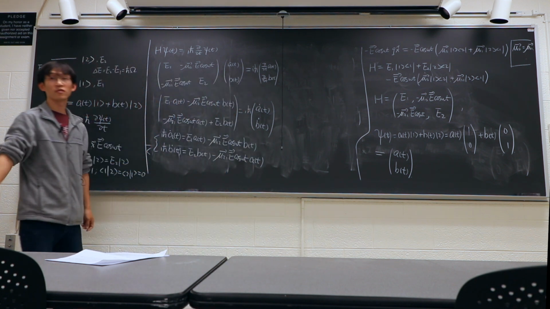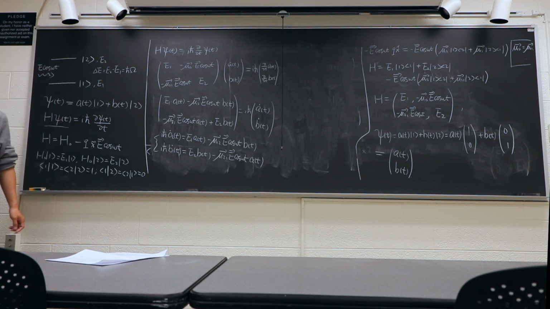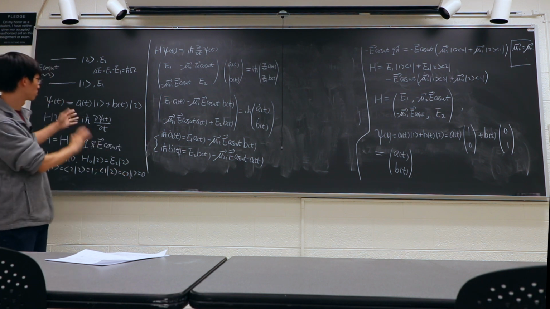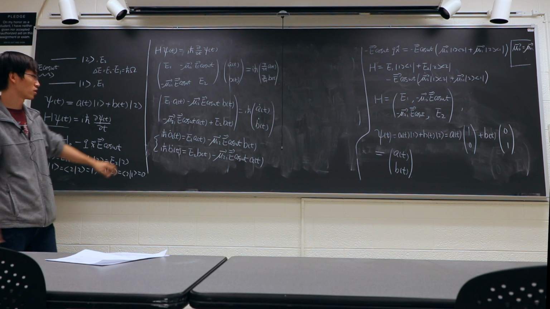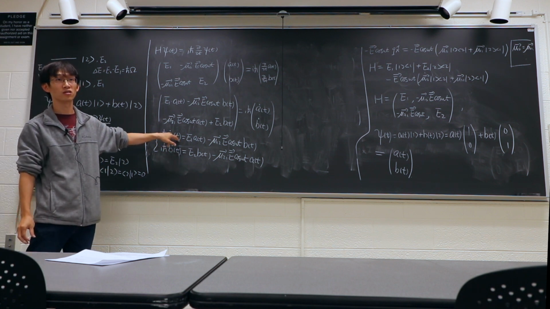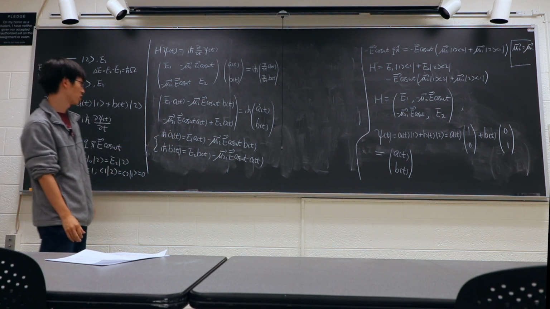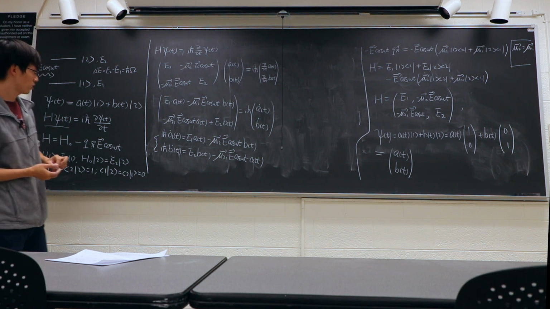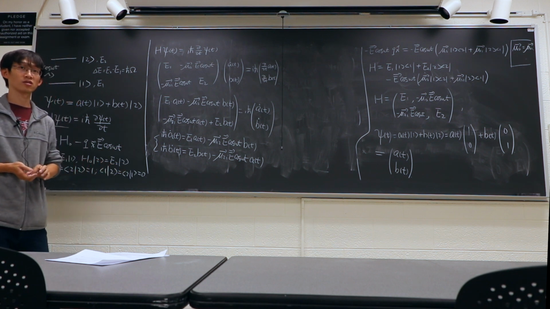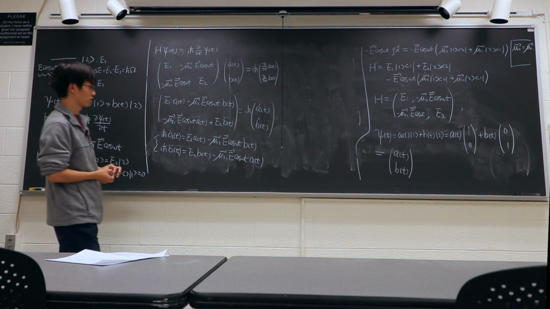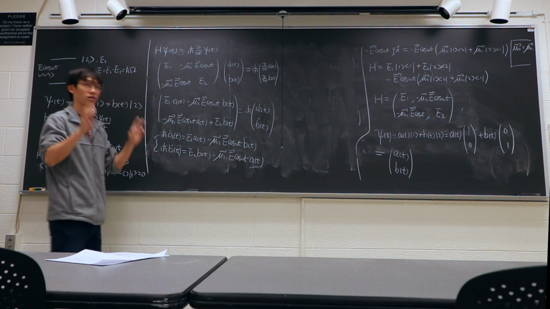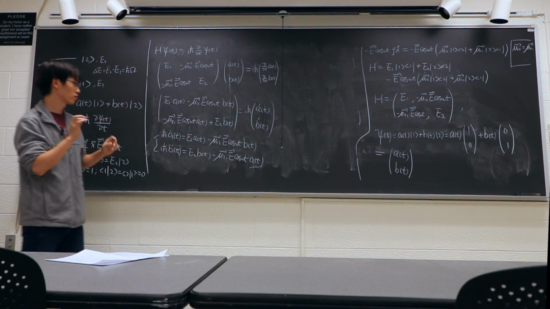So finally we get something I think everyone should be familiar with, a set of equations about A and B, and A and B are not some complicated functions. They are numbers that change with time. As simple as that. When you look at this type of equation, they usually have a name. It's called a coupled equation, right? Let's say at first you're in the ground state: A is 1, B is 0.